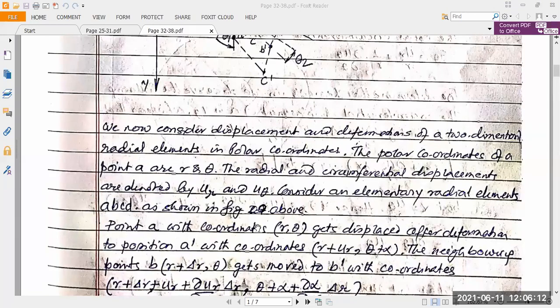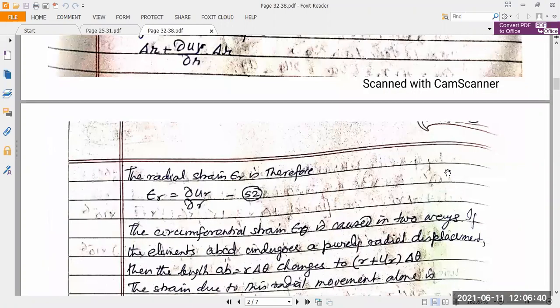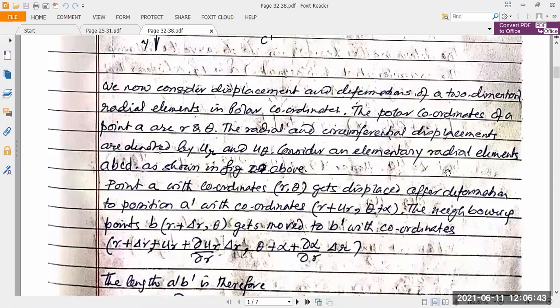Now, we have point A with coordinates r and theta. Due to the application of some external force, it gets deformed to a new position. Point A with coordinates r and theta gets displaced under deformation to position A dash.